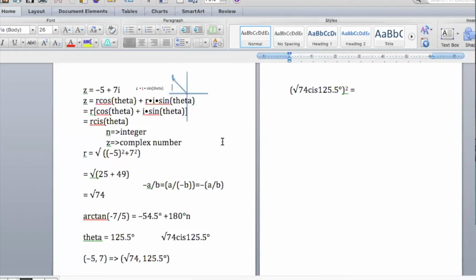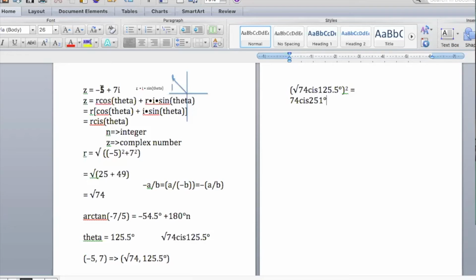However, what de Moivre said was, if we want to take a power of a complex number in polar form, then we take the power of the modulus and multiply the argument by the value of the power. What does that mean? It means that I'm going to square the modulus, and I'm going to multiply the argument by 2. So this squared is this.